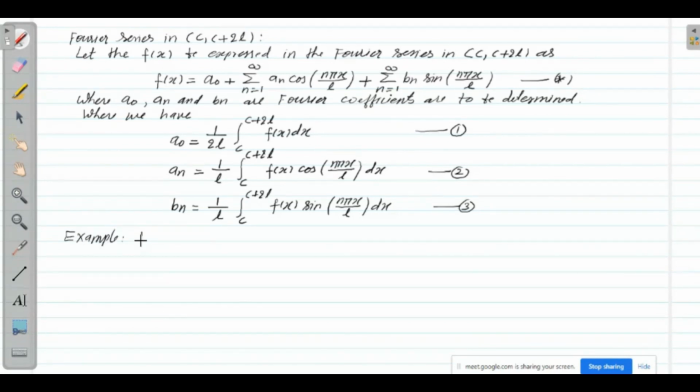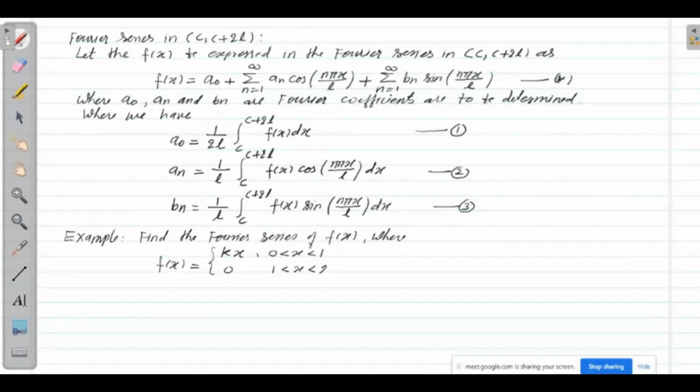Example: find the Fourier series of f of x, where f of x is defined by f of x is kx when 0 is less than x is less than 1, and 0 when 1 is less than x is less than 2.